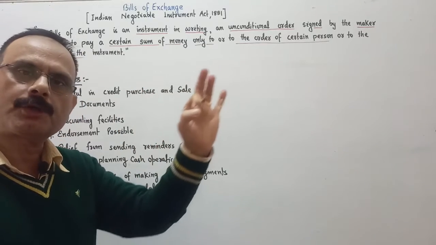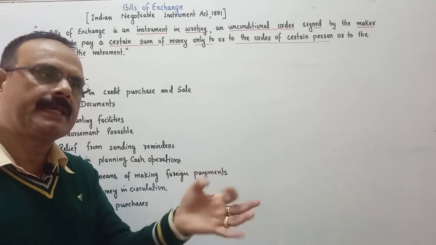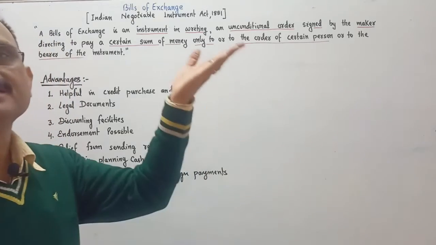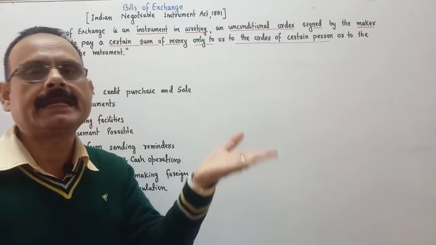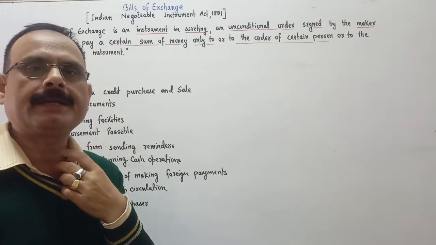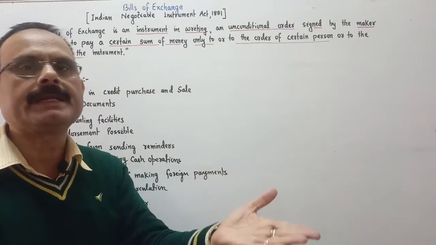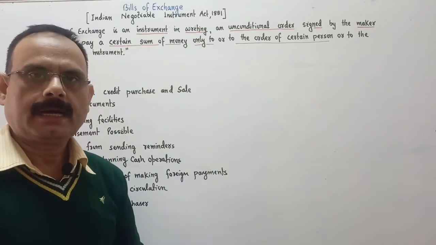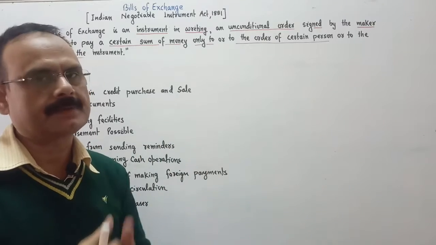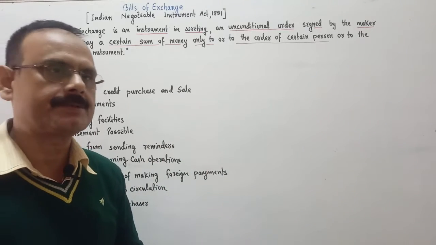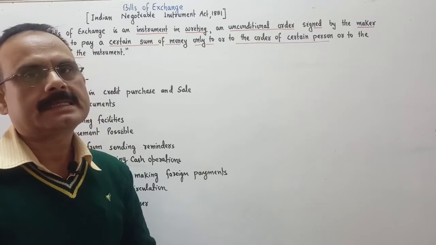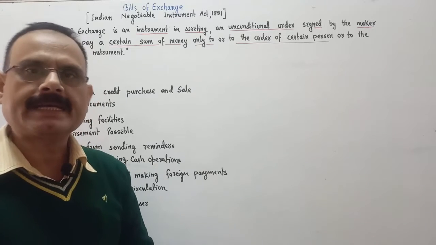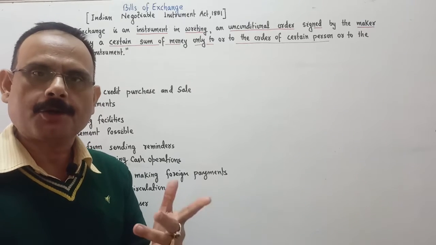The seller sold the goods on credit. In this way they increase their turnover, and when the turnover increases, definitely the profit will increase. And there is a security of money as well in the bill of exchange, because it is written on a stamp paper which is signed by the acceptor. So it's a legal document.